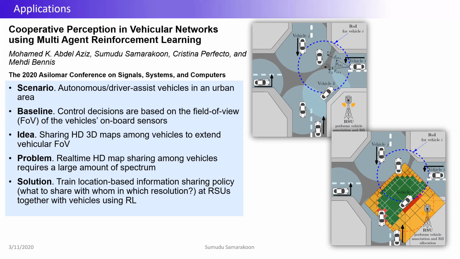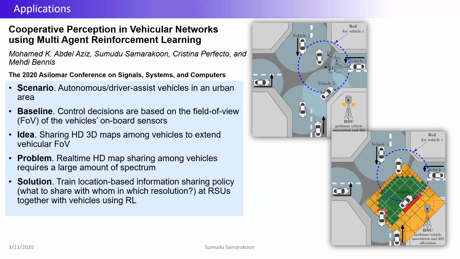However, it would be nice if we could extend this field of view using the information gathered from other vehicles. If these vehicles can share their view as a 3D map with each other, each vehicle can make its own decisions with much higher efficiency. But the problem is that real-time high-definition map sharing requires lots of radio resources, which is quite impossible to have under this kind of dynamic environment.